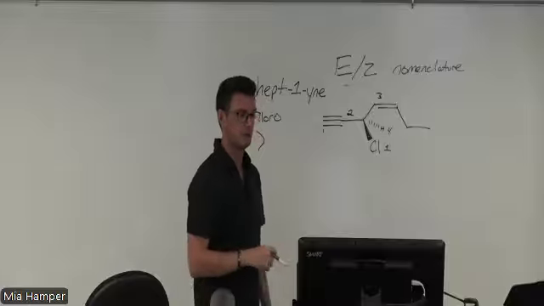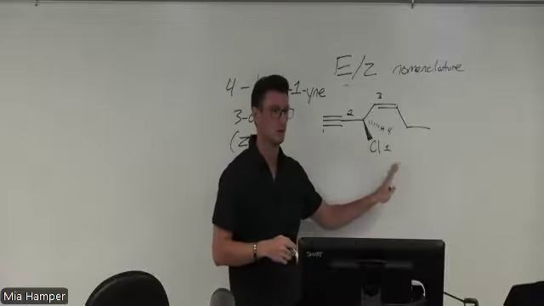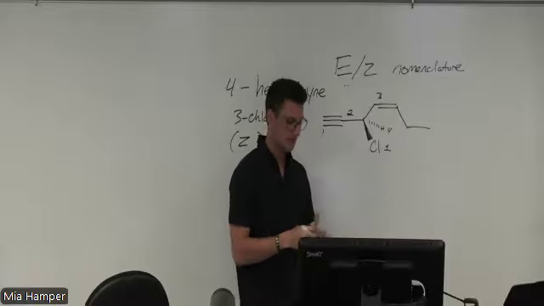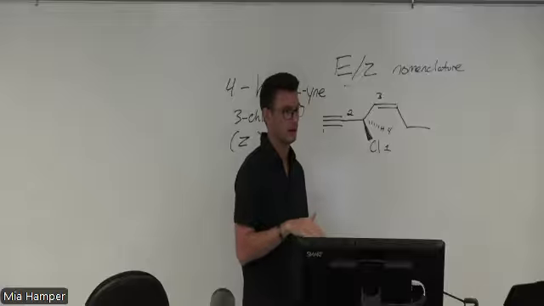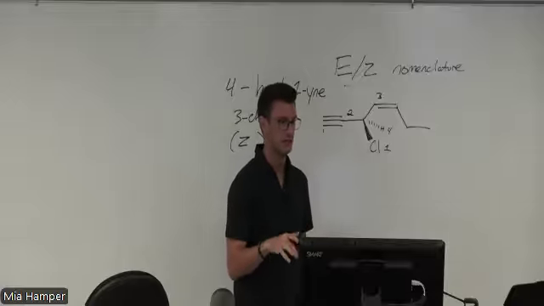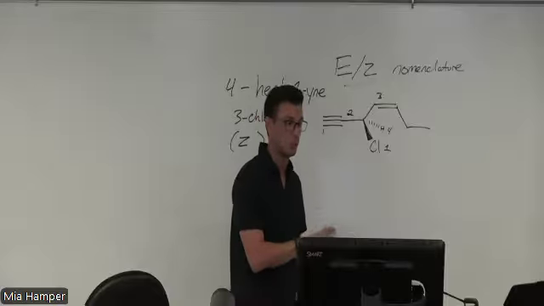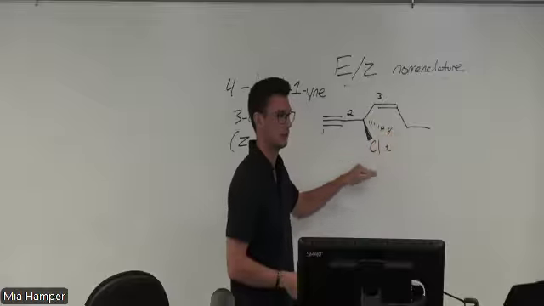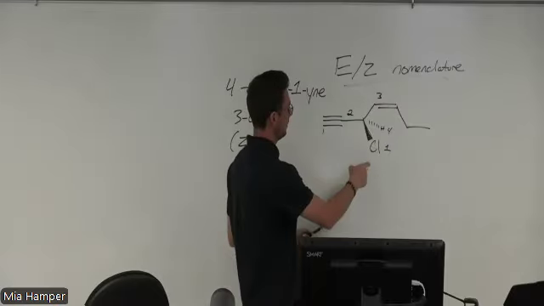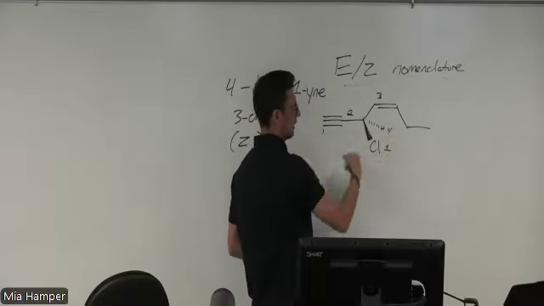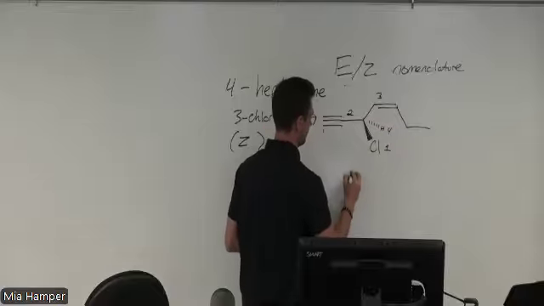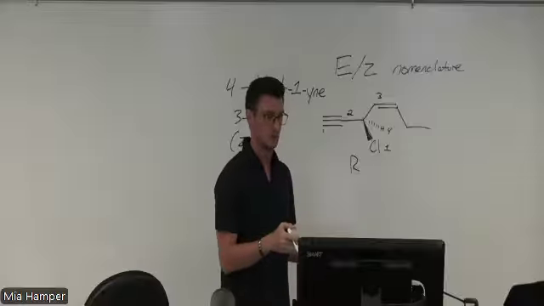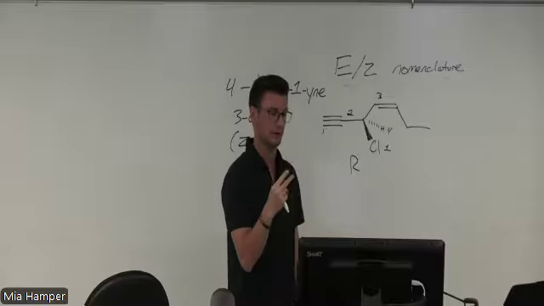So again, we ignore our 4th priority, what's in the back. Don't get this tripped up. The 4th priority is not always in the back, but we ignore what's in the back just initially, and we connect the rest of them. 1, 2, 3, that looks like R. Was the thing that we ignored initially, what was dashed, a priority 1 or a priority 3?